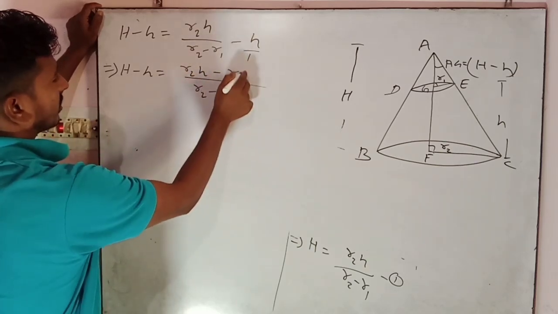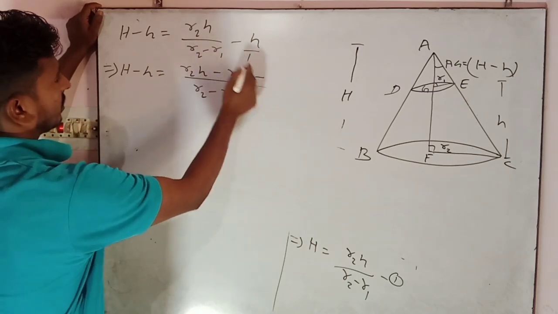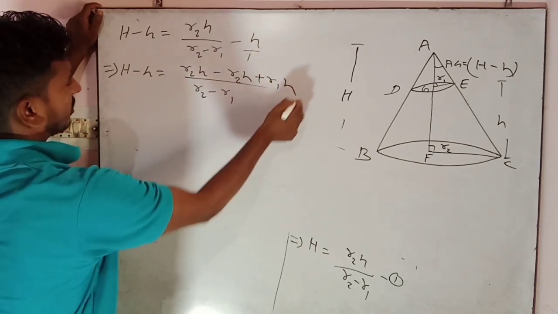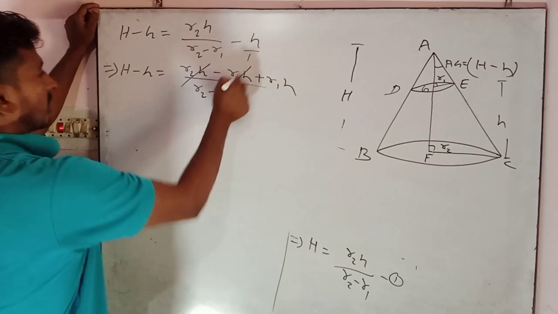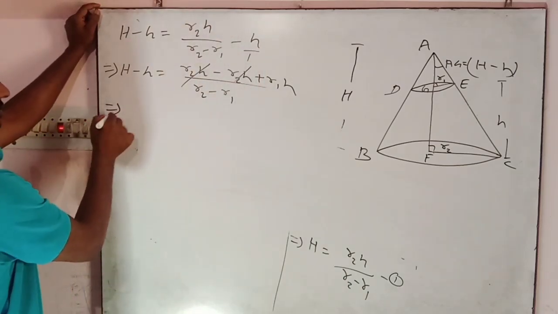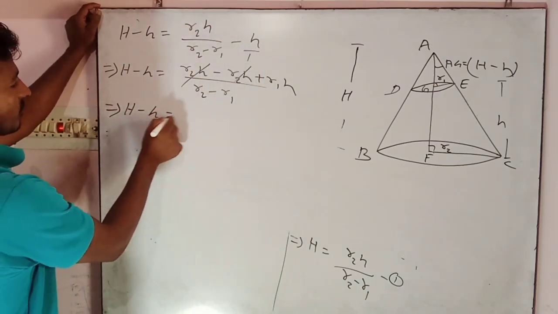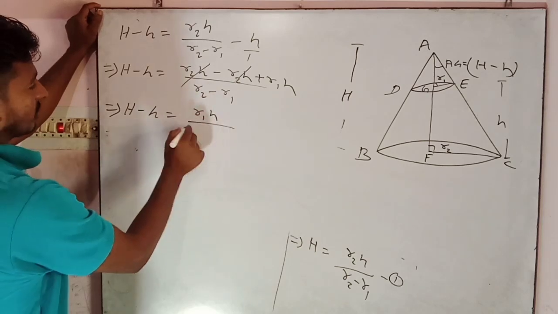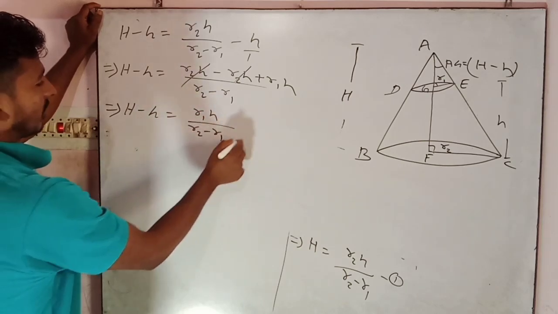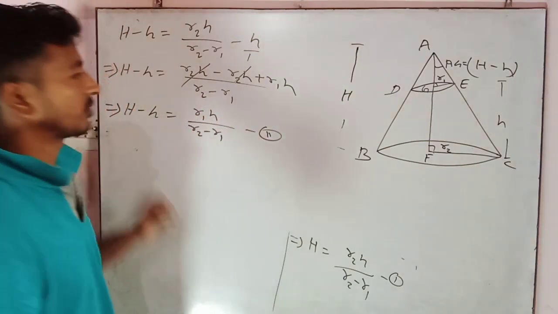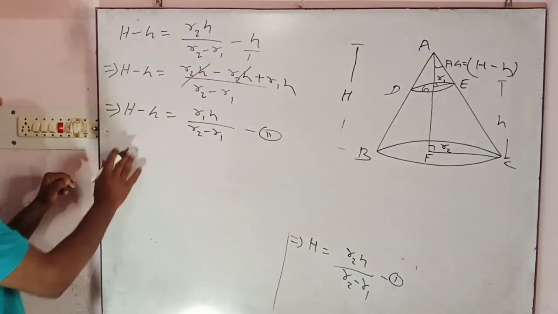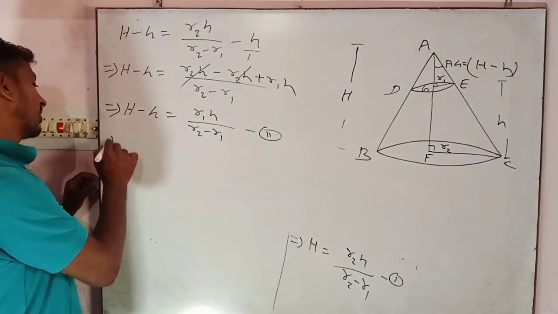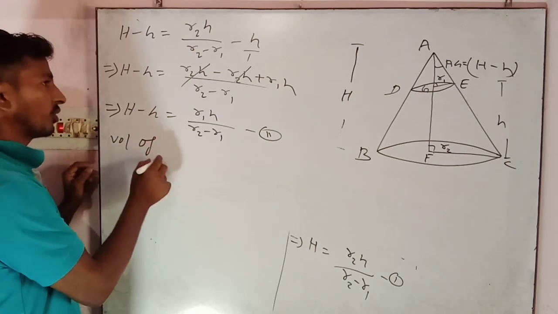When you multiply this, it becomes minus R2H and plus R1H. This R2H will be cancelled out. H minus h is equal to R1H by R2 minus R1. This is equation 2.